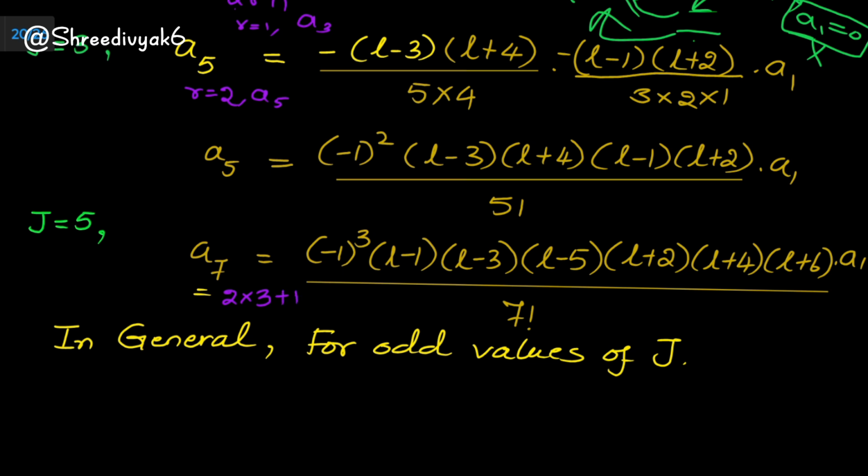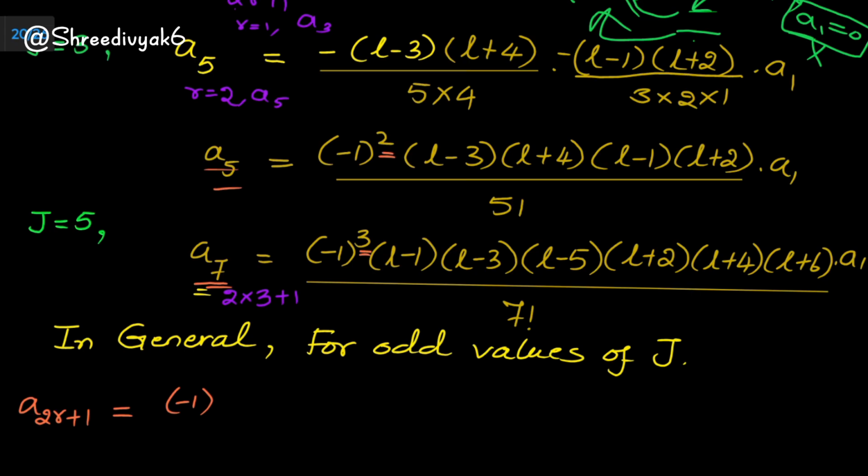Right? So in general, I can write the term as coefficient A2R plus 1. This is nothing but minus 1 raised to, look at this, A7 you have minus 1 raised to 3. For A5 you have minus 1 raised to 2.